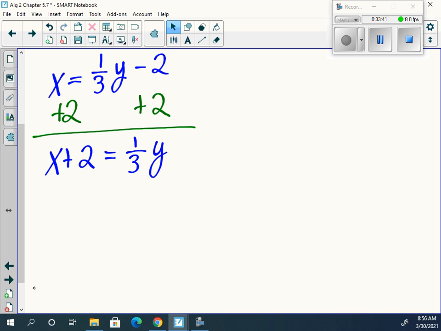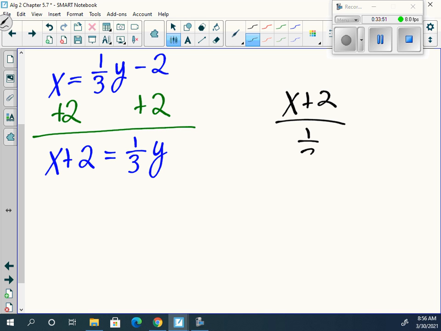But I'm a little bit hesitant on it, and it's not that it's wrong, because that's exactly what we're going to be doing. But the issue that we might have is that we would have x plus 2 divided by 1/3. We have a fraction in a fraction. From our chapter on rational expressions, we know that doesn't work well. We can't leave it as a fraction in a fraction, correct?